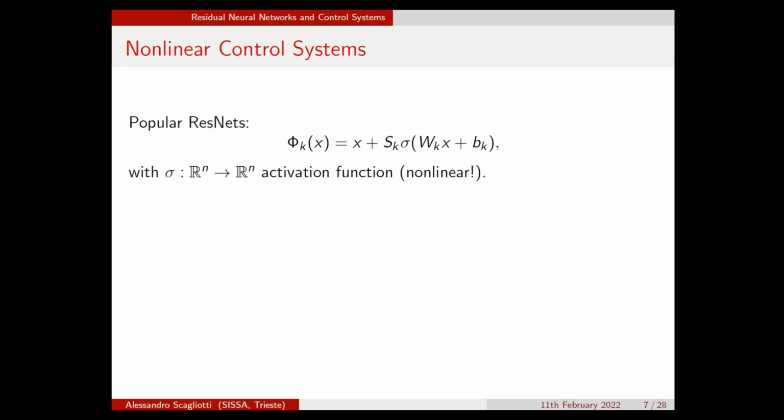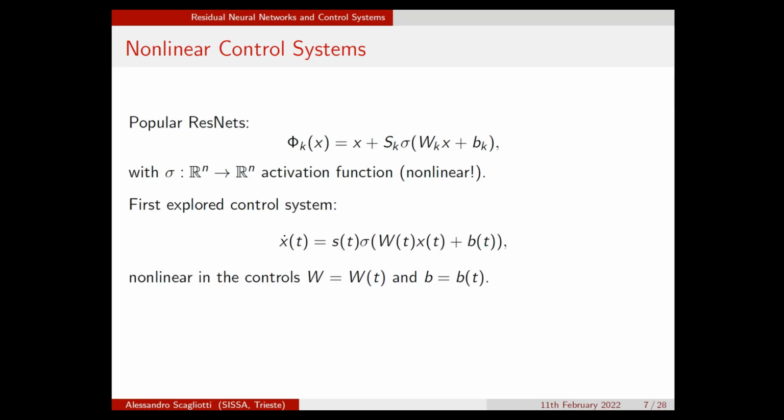Sigma here is an activation function, a smooth activation function. It is not important to say what an activation function is, it is important to say that it is a nonlinear function. Moreover, the argument of sigma is an affine transformation of the x variable. Globally, the dependence of phi on the parameters is nonlinear with respect to the parameters w and d. That is the take-home message.